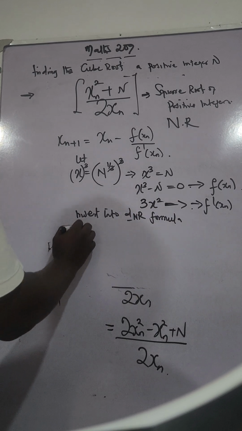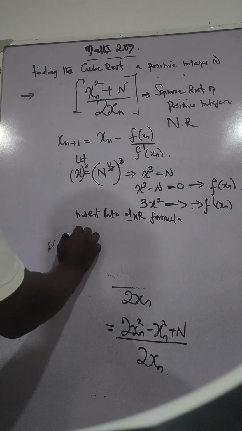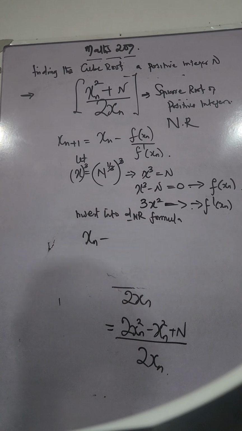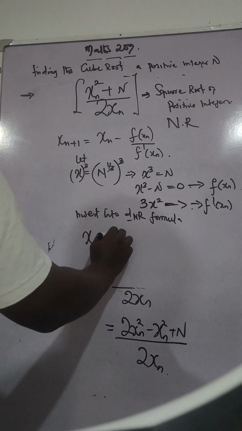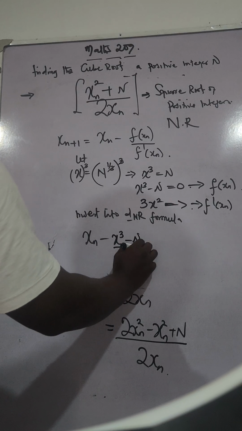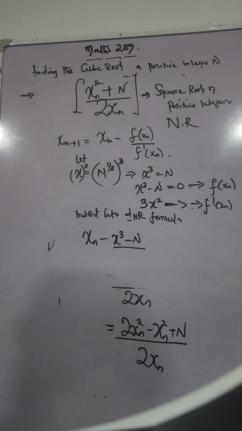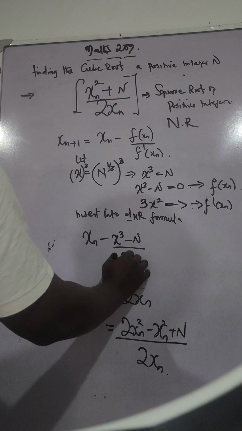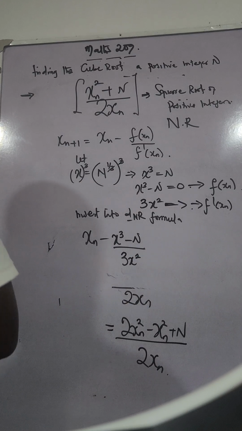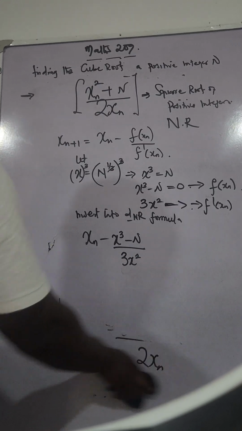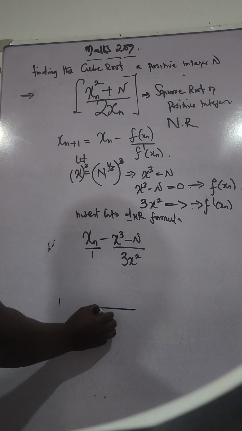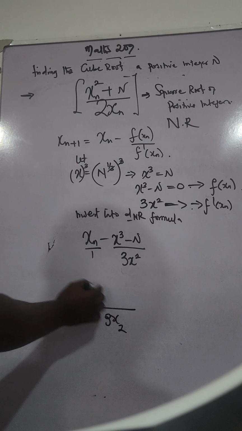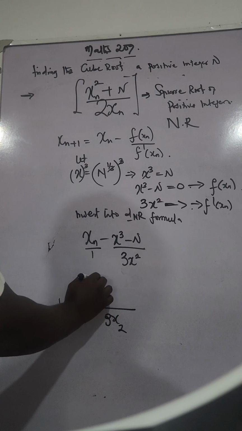So you'll be having x_n minus. So what is f of x_n now? You have it as x to the power of 3 minus n, divided by f prime of x_n, which is 3x squared. So at the end of it all, you're going to be having 3x squared.